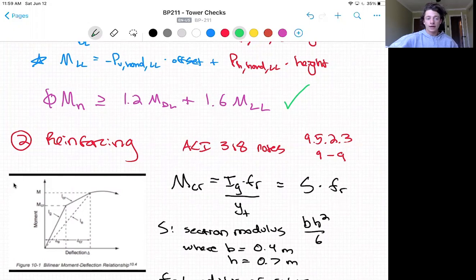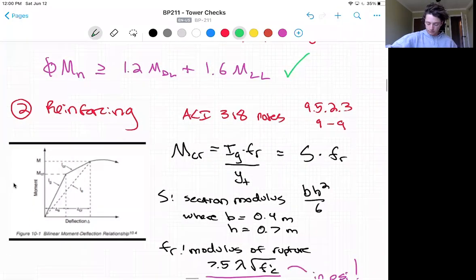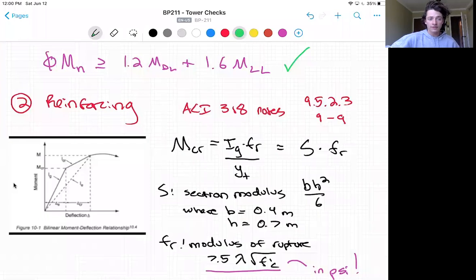The cracking moment is a deflection check and signifies the point at which the section would begin to crack. So S is the section modulus, computed as b h squared over 6, where b is the effective section width of 0.4 meters and h is the effective column depth of 0.7 meters. fr is the modulus of rupture calculated by equation 9-10, which is 7.5 times lambda times the square root of f'c, where f'c from our loads and material properties is the concrete compressive strength in PSI in this equation, remember.